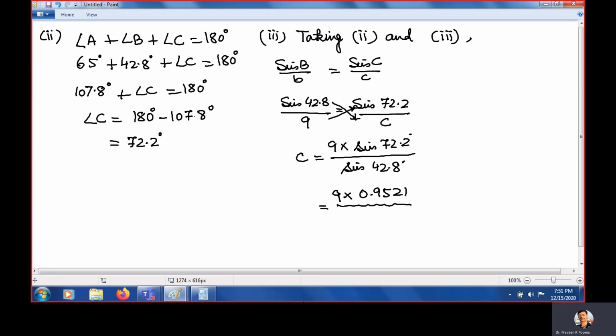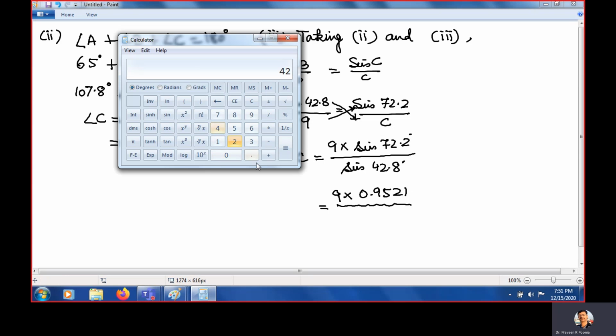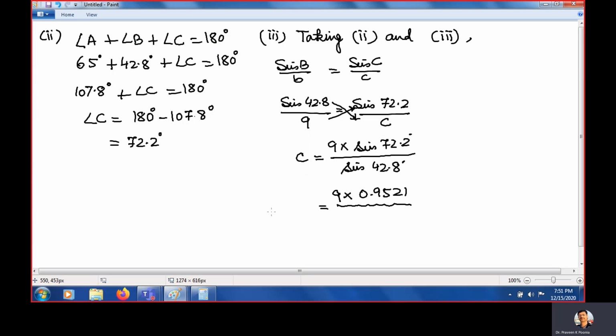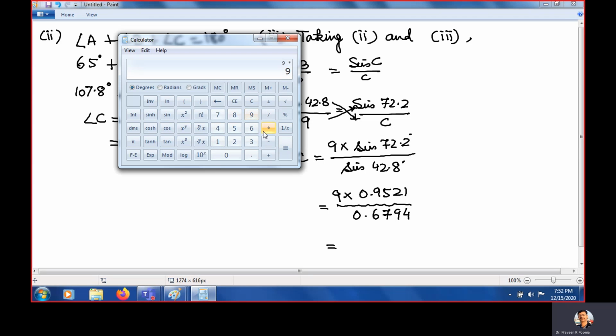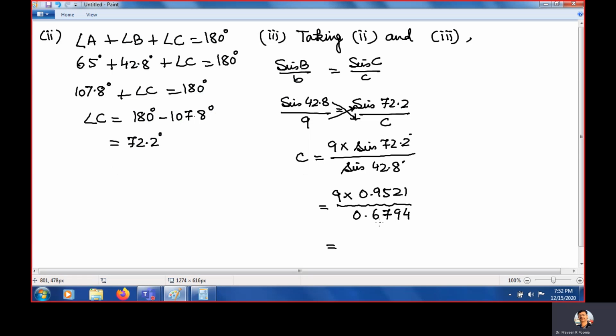Upon sine 42.8, which is 0.6794. Clear? Now solve it. So how much is it? 9 times 0.9521 divided by 0.6794 is 12.6. So the value of C is 12.6.